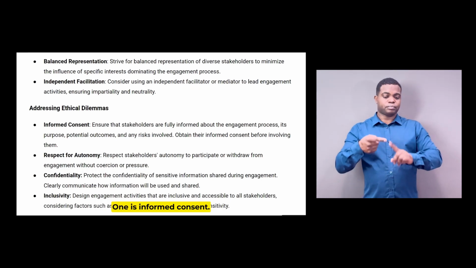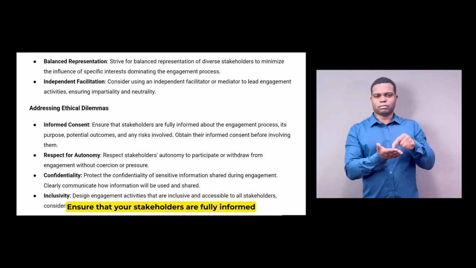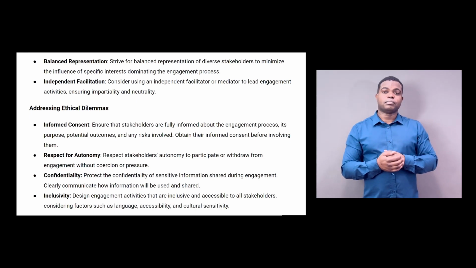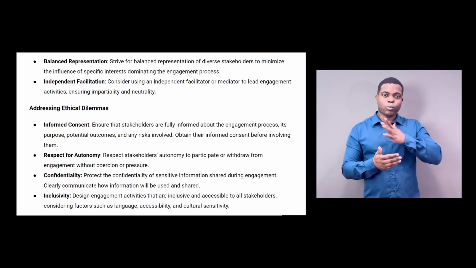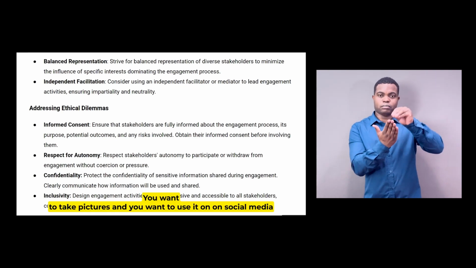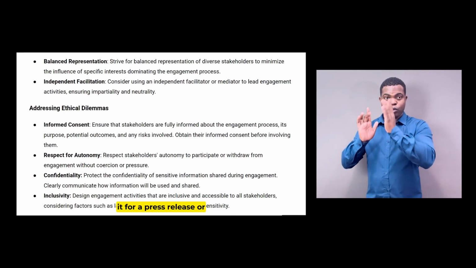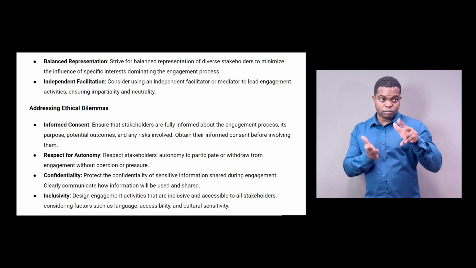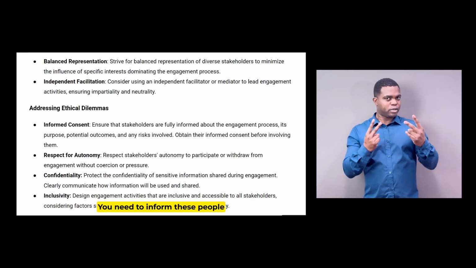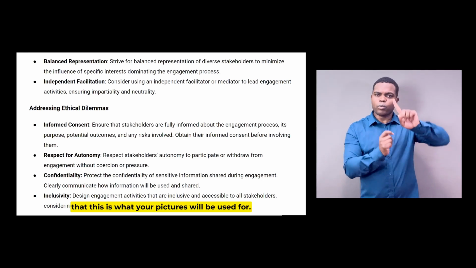One is informed consent. Ensure that your stakeholders are fully informed about the engagement process. If you want to take pictures and you want to use it on social media, or you want to use it for a press release or a media project, you need to inform these people that this is what your pictures will be used for.